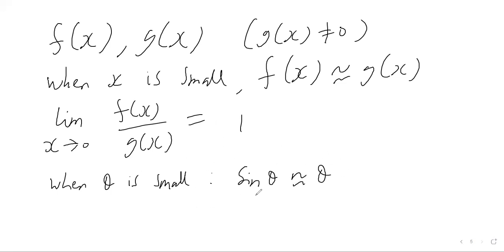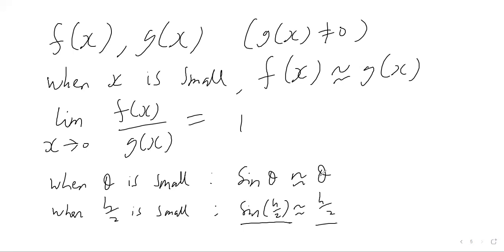Now we can use this to help us out, because when h over 2 is small, that means that sine of h over 2 is about h over 2. So we've got two functions of h, sine of h over 2 and h over 2, which are approximately the same for small values of h, because when h over 2 is small, that means that h is small.